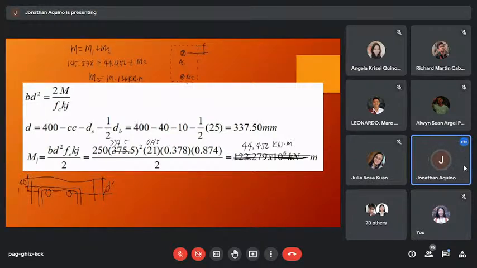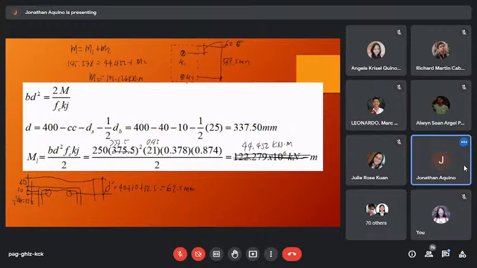This stirrups is 10. And this one is 1/2 the b, or just simply 1/2 of 25 is 12.5. So your d prime is equal to 40 plus 10 plus 12.5, or just simply 62.5 millimeter. So meron tayong value nung d prime, ito is 62.5. So yung d natin is 337.5 millimeter.